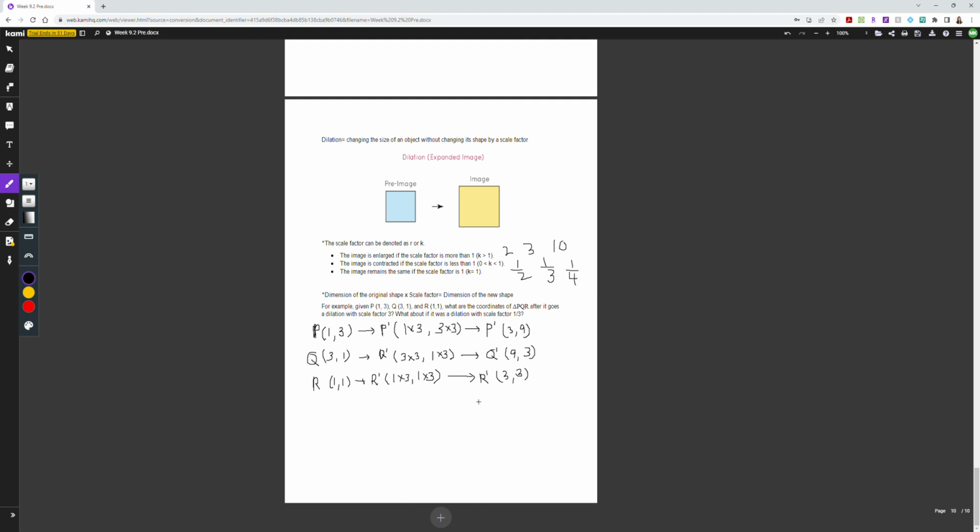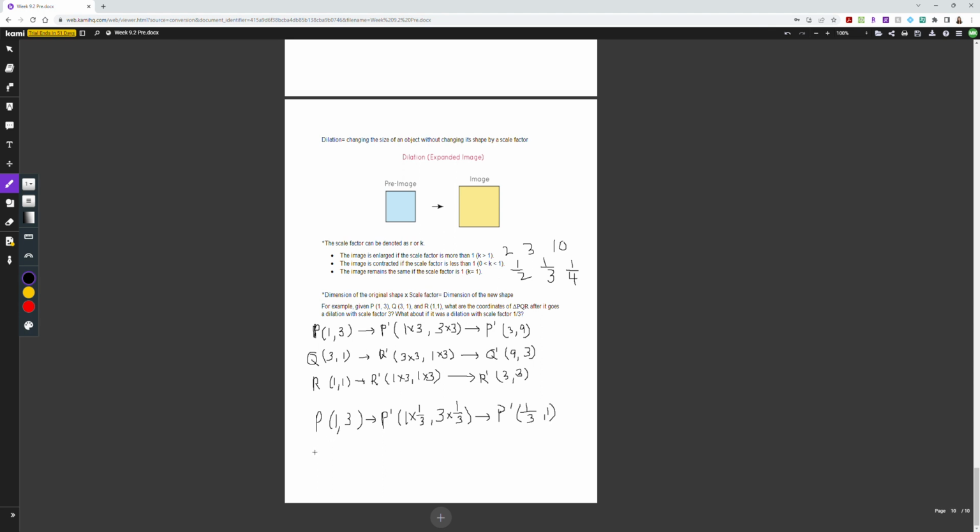So for the flip side, we're still going to do the same setup. So P, 1, 3. We're going to multiply everything now by 1/3. Right, so that gives our P prime the coordinates of 1/3 and 1.